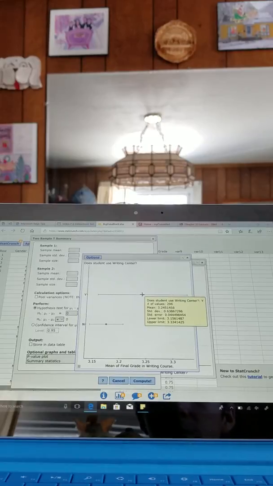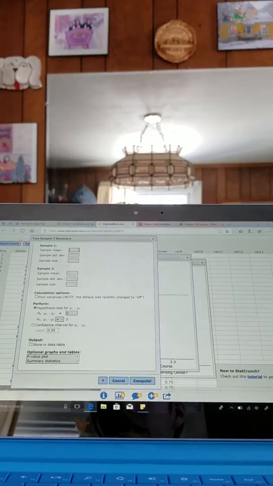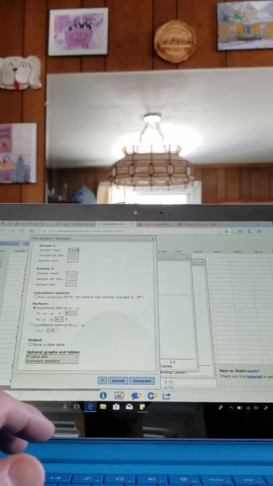So I'm just going to scroll over this and get our number again. So our mean for sample 1, which is yes, they do use the Student Writing Center, is 3.245. So I'm going to come back here and plug in 3.245.